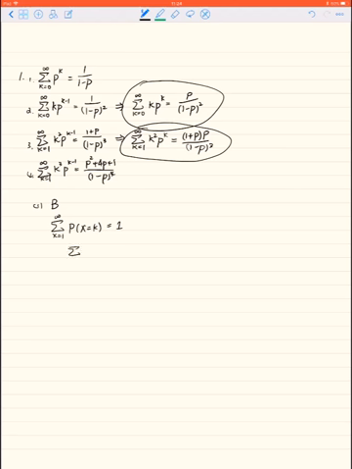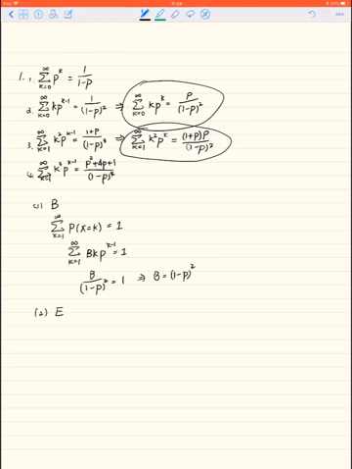That is the sum from k equals 1 to infinity of b times k times p to the power of k minus 1 equals 1. Then we take the derivative, and we get that b divided by (1 minus p) squared equals 1. And we get b equals (1 minus p) to the power of 2. That is the value of b.